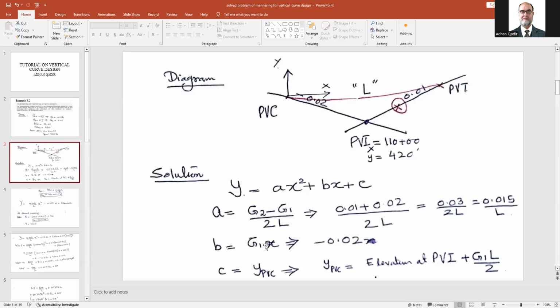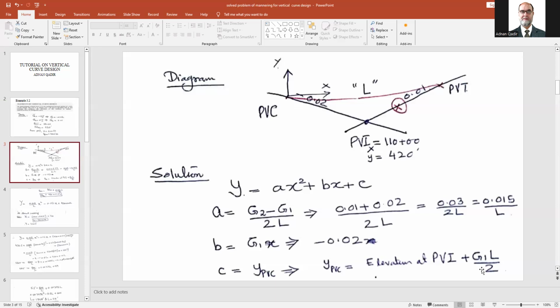The coefficient B is simply G1, that is minus 0.02. And the coefficient C is the elevation at the start of the curve. This can be determined by knowing the elevation at PVI and adding the distance, which is simply G1 L by 2.